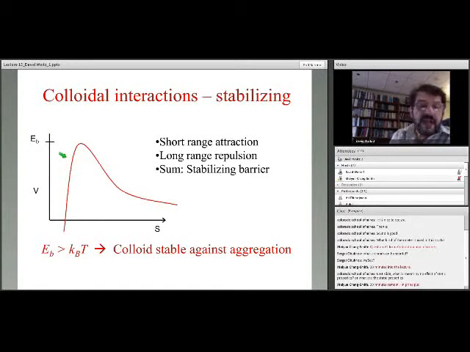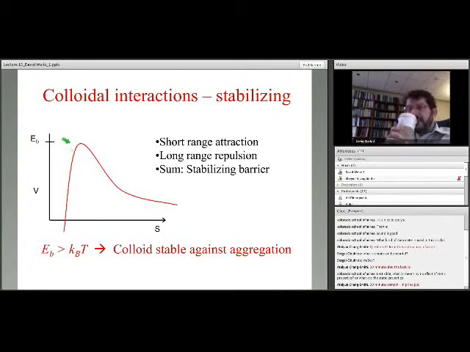So if the height of the repulsive barrier, shown by E barrier, EB, is much greater than kT, then the colloidal particles can never come close enough that they become attractive to one another, and then they become stable. But notice that this stability is really a kinetic effect. It just depends on the height of the barrier compared to kT.